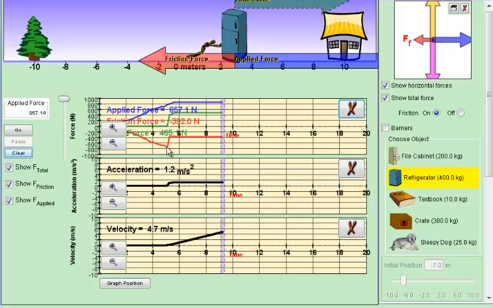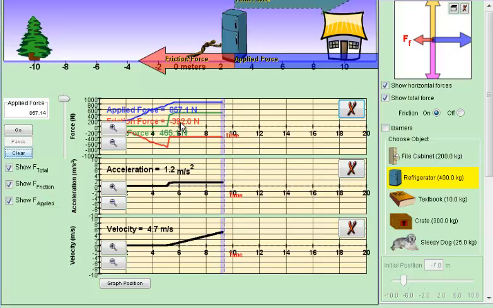All of a sudden, once it started sliding, the friction force is now kinetic friction or sliding friction. Kinetic friction is typically less than the maximum static friction force. In this case, the maximum static friction force is about 800 newtons if you look at it carefully, and the kinetic friction force is about half that, around 400 newtons, rounding off.